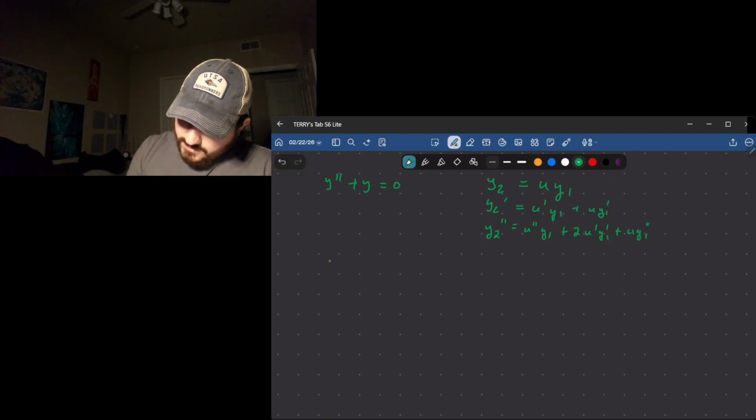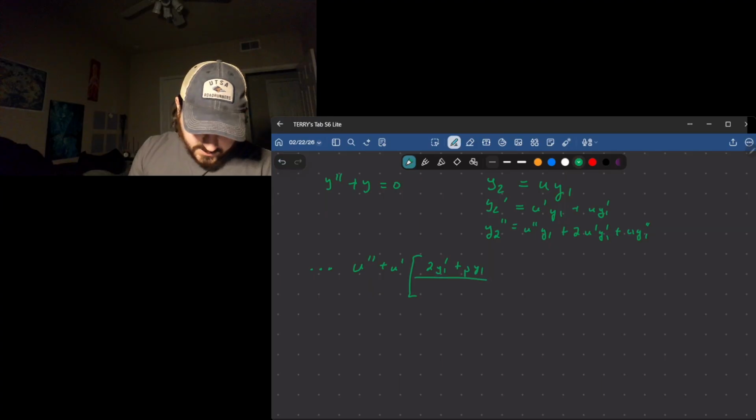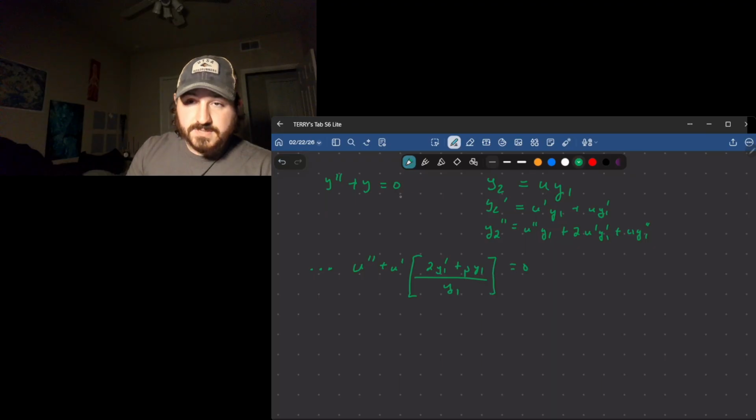Then we can plug it in. I'm going to skip all of the algebra of plugging that in and just go to the next step, which we're going to have simplified down to u double prime plus u prime, and then that's going to equal 2 times y1 prime plus p of y1, divided by y1. Okay, and all of that is still equal to 0 because our original was still equal to 0, right?